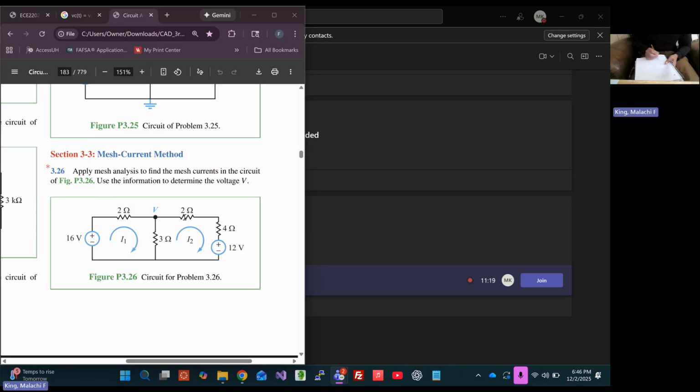Now we can multiply all of these by 12, the least common denominator. So that would be 6 V1 minus 16 times 6. Let's do that real quick. 96 volts, plus 4 V1, plus 3 V1 minus 36 volts. So 13 V1, sorry about that.